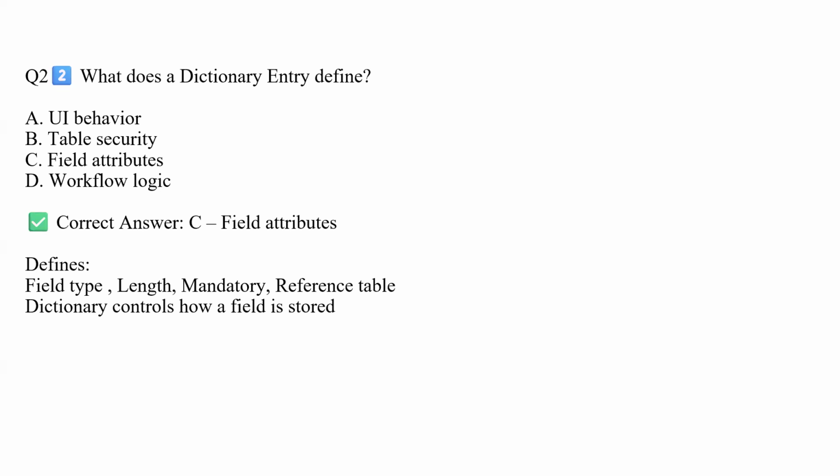So dictionary controls how a field is stored. Here UI behavior works on the client side or UI policy. Table security belongs to the ACL. Workflow logic belongs to the workflow or Flow Designer. So the correct answer is field attributes.